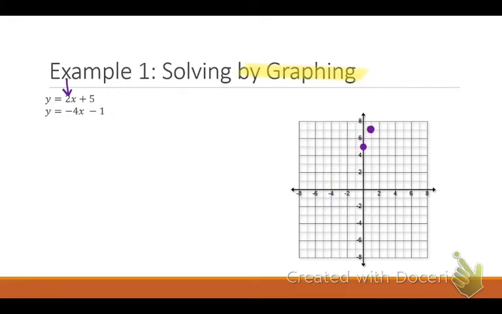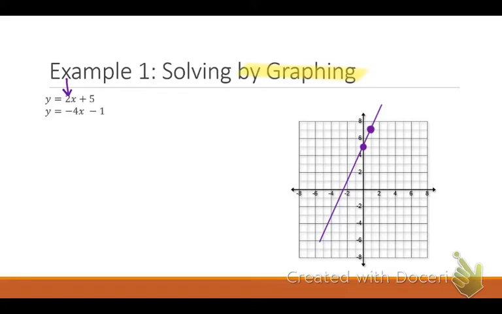It's going to take me a minute. One of the kind of annoying things about graphing is if you don't get it exact, which mine already is not lining up to be, the answers don't really line up, but we'll talk about that in a second.